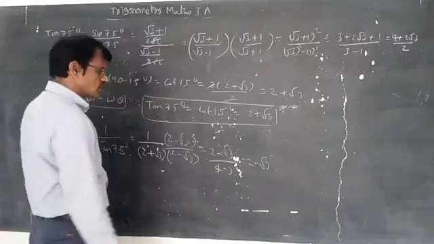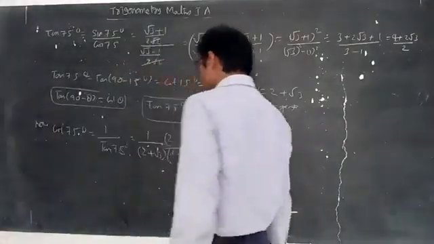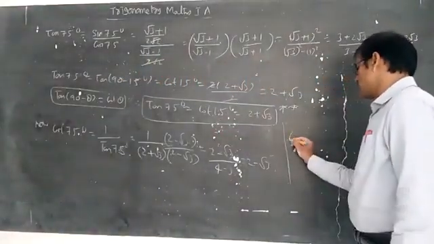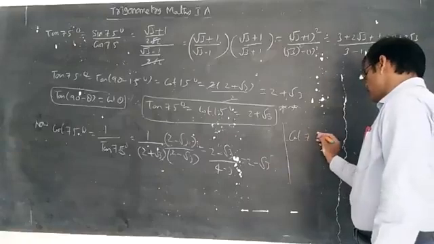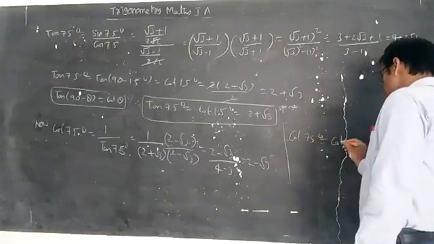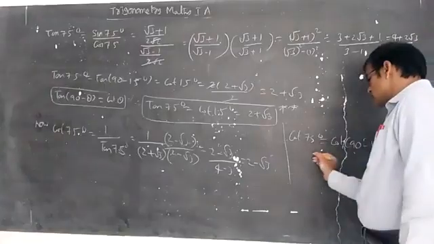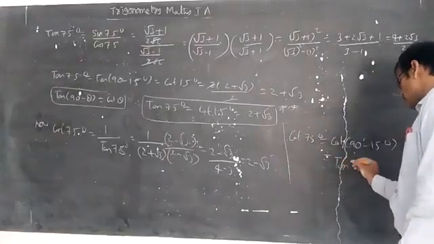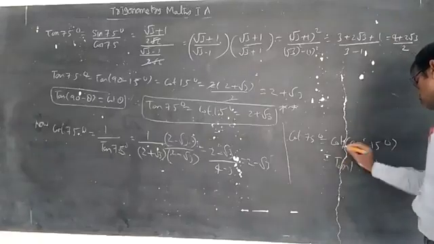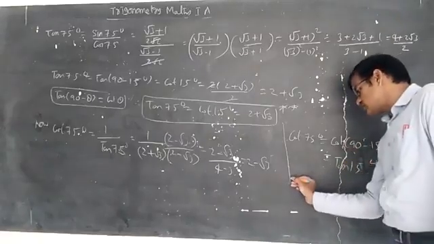So 1 by tan 75, or again you can write cot 75 degrees is equal to cot of (90 degrees minus 15 degrees). Cot(90 minus theta) gives tan theta. So this is tan 15 degrees.